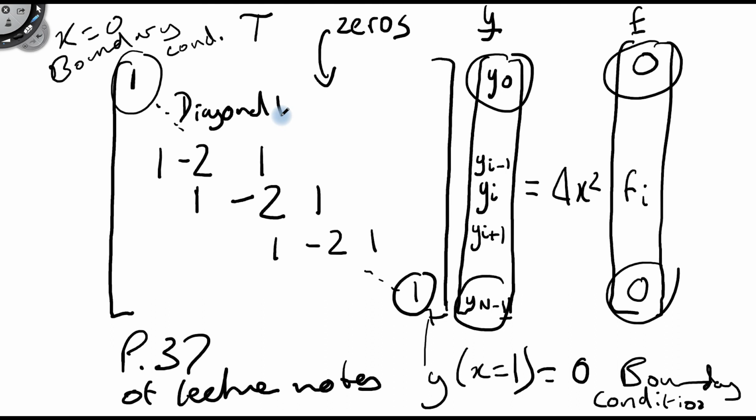Then you can invert that matrix to find the solution, rather than empirically trying to start at one end and get the boundary condition at the other, which you might be doing forever. You've got it written down once and for all, and when it's inverted, you've got the boundary condition satisfied and the differential equation satisfied. This is a small section at the end. Conceptually, it's quite different, and it takes a while for people to get their head around.